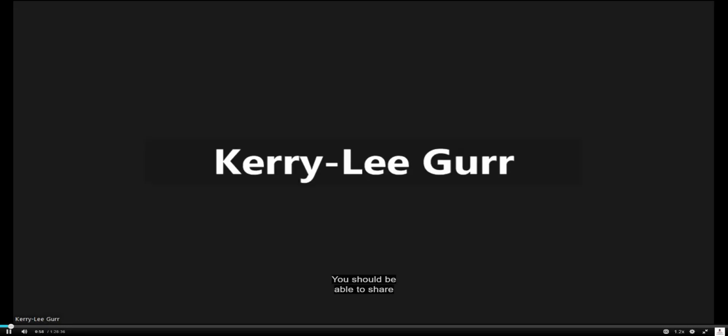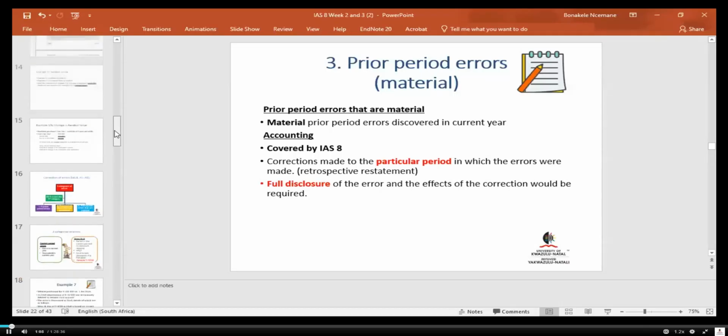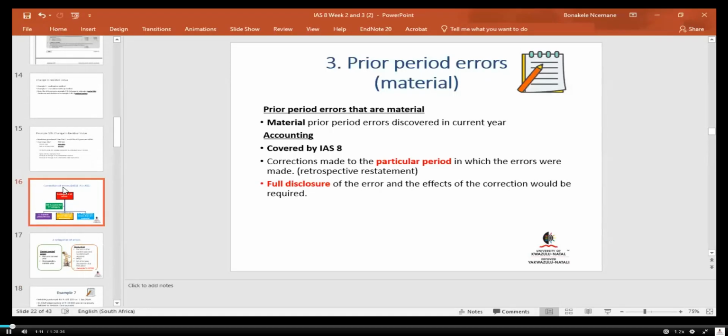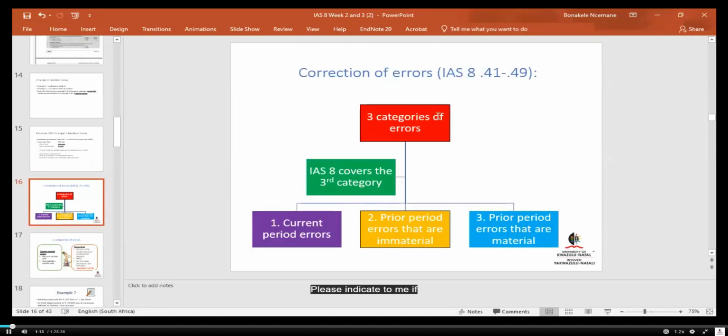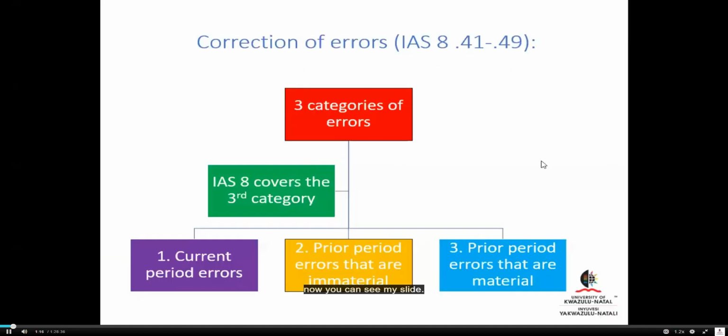Okay, I'll just request my host a little bit to enable the screen sharing. I want to share a slide with you. You should be able to share your slides now, Bonakele. All right, thank you very much. Please indicate to me if now you can see my slide.